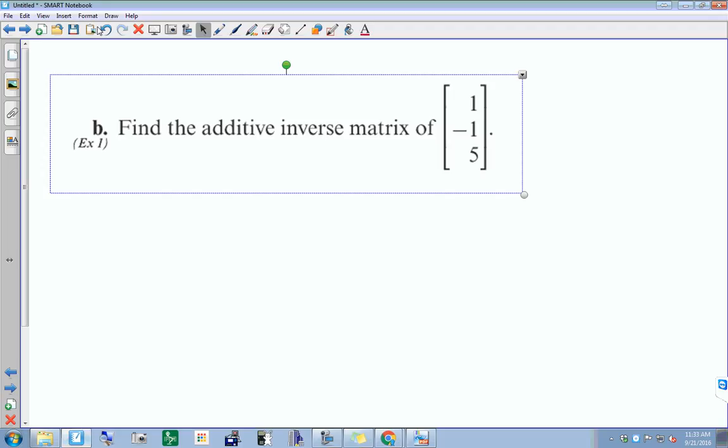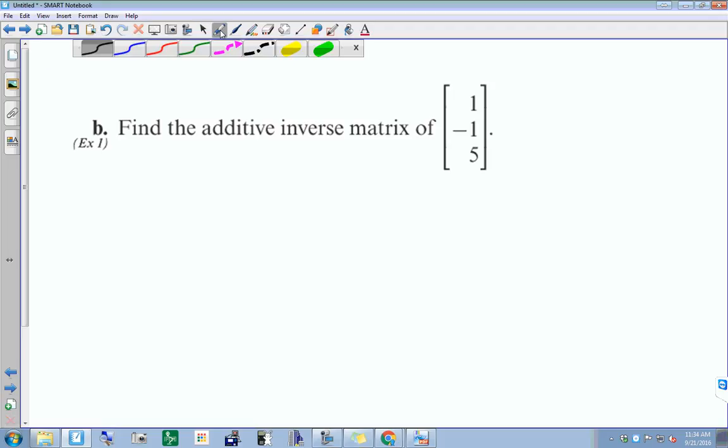And I'll give you about 30 seconds on that one. So, Mr. Anderson, what is the inverse matrix for this one going to be?